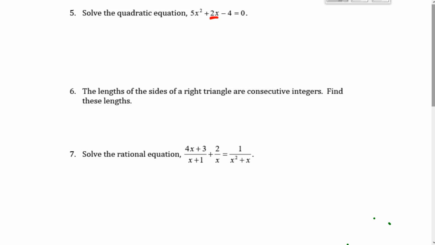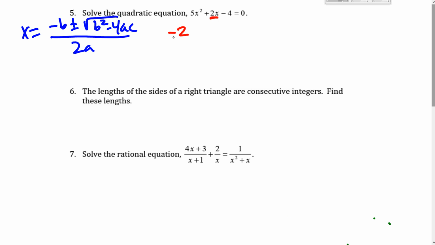So quadratic formula: negative b plus or minus the square root of b squared minus 4ac, all over 2 times a. So remember, when you're doing this, you have the opposite of b, so that'd be negative 2, plus or minus, so that is 2. There's 2 answers here. Square root of b squared. Whenever you square your b, even if it's negative, you're still going to get a positive.